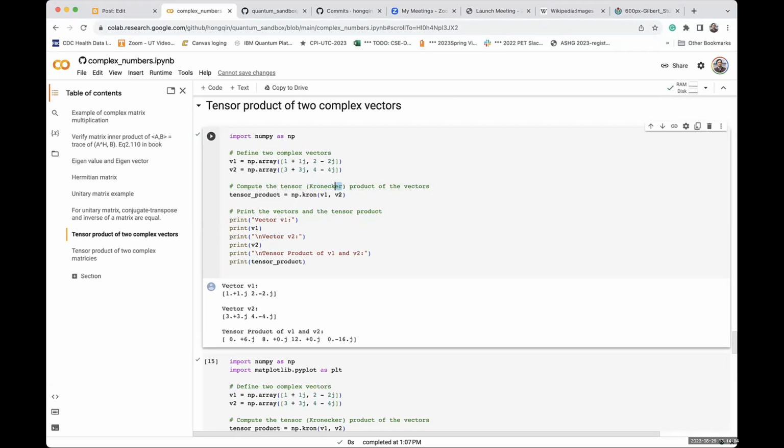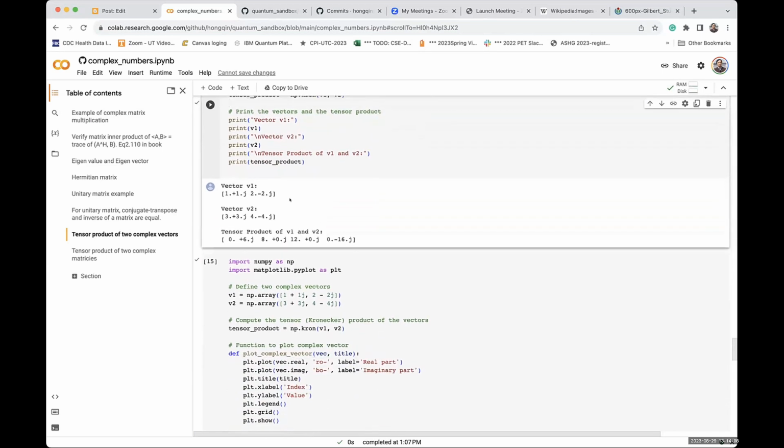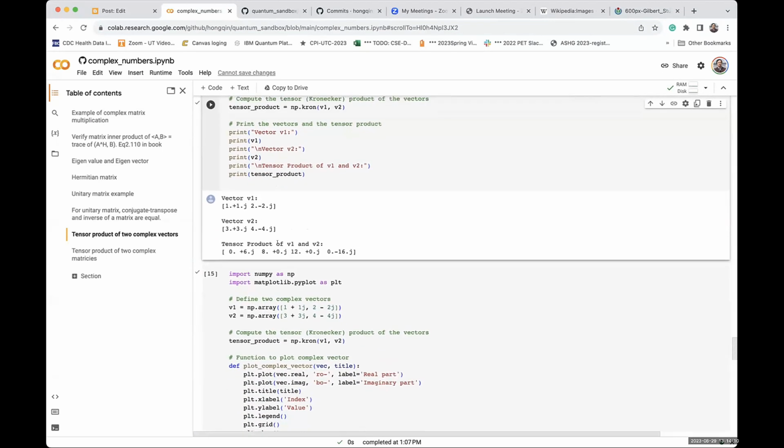Kronecker product. And so vector 1, vector 2, the tensor product. So we have 2 by 2, 2 by 2. Now we have 1, 2, 3, 4 elements.